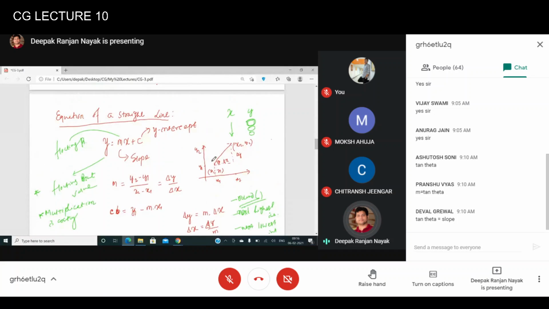Okay, so what are the major limitations here? If you directly calculate the y values given the x value, m value and c value, the problem is that we are using two costly operations here.